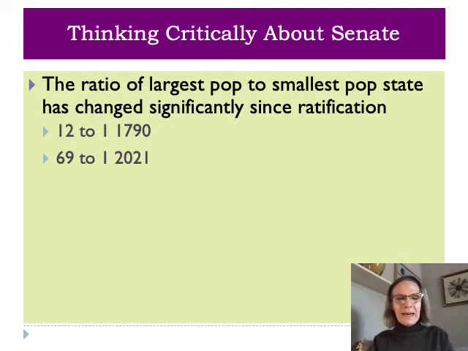And as you can see there, the ratio between the most populous and the least populous in 2021 is 69-1. And so basically, voters in Wyoming have a 70 times greater voice than those who live in California.